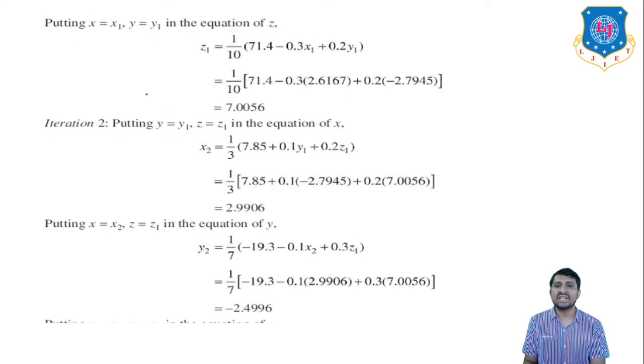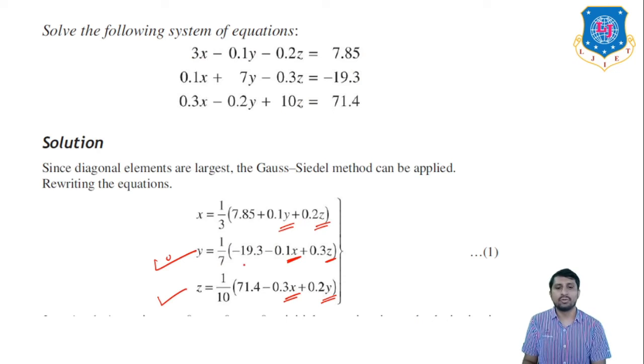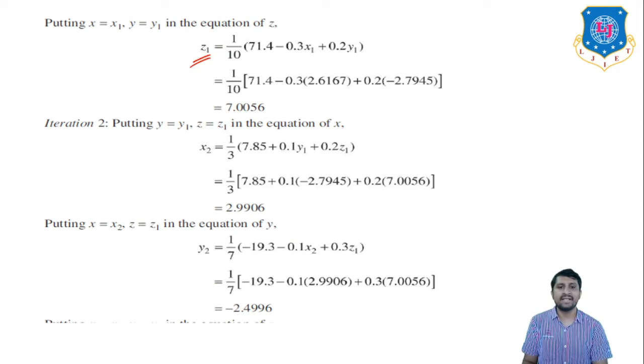So putting x equal to x1, y equal to y1, the value of z1 is 71.4 minus 0.3 x1 plus 0.2 y1. So 71.4 minus 0.3 times 2.6167 plus 0.2 times minus 2.7945. Easily you will get this value, 7.0056. Please, all students, calculate all these values on your calculator.